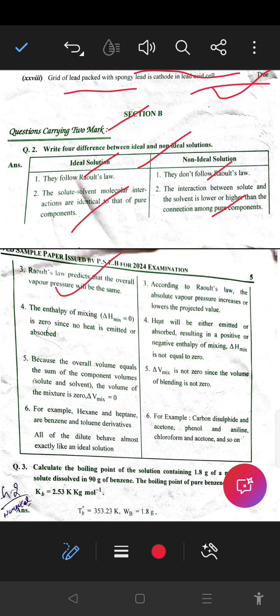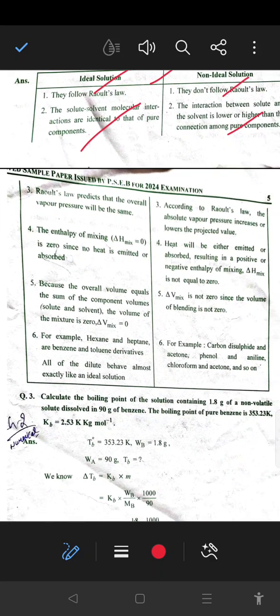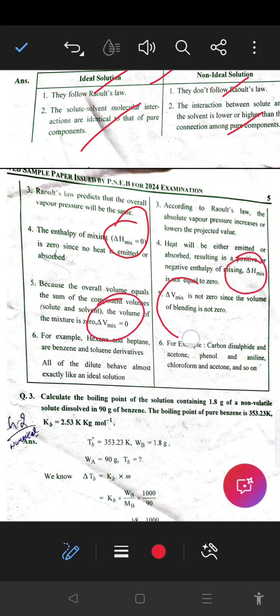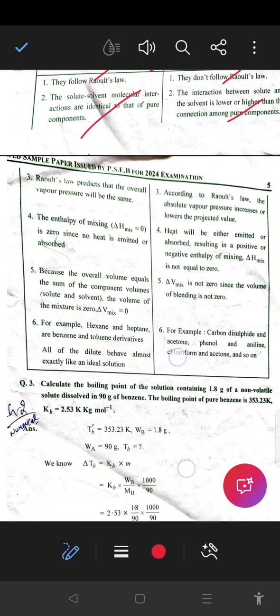In an ideal solution, delta H mixing and delta V mixing are equal to 0, and in a non-ideal solution, delta H mixing and delta V mixing are not equal to 0. Examples of ideal solutions: hexane and heptane, benzene and toluene. Carbon disulfide and acetone, phenol and aniline, chloroform and acetone are examples of non-ideal solutions.